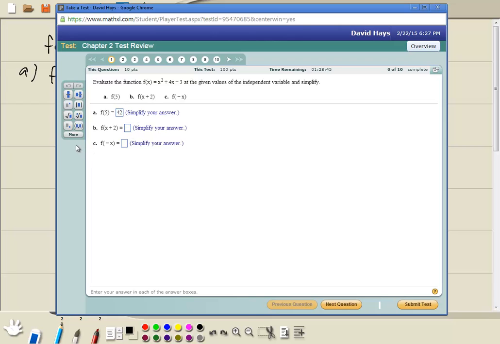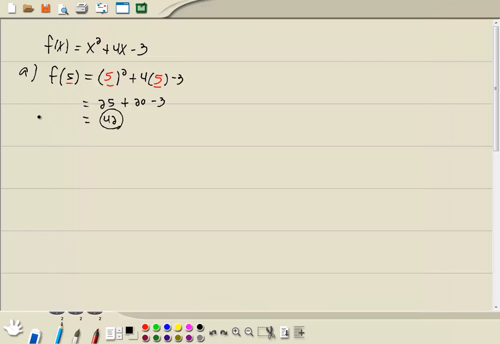Okay, now f of, I think that says x plus 2. Again, evaluating functions is always the same. We go up to the original function and we replace our x's with parentheses. Everything else remains exactly the same. Squared, the plus 4, the minus 3, we just replace the x's with parentheses.